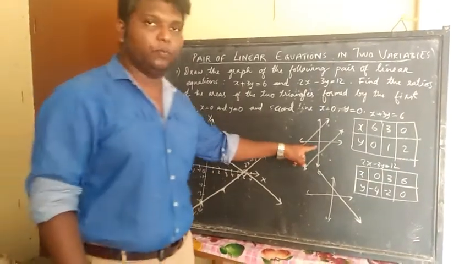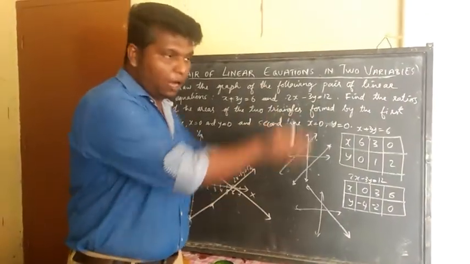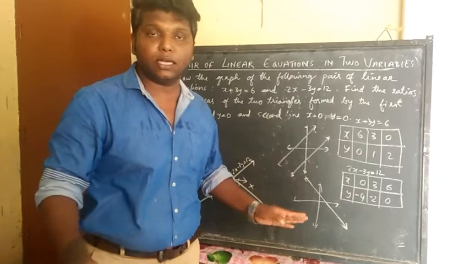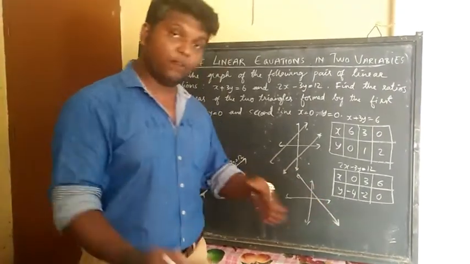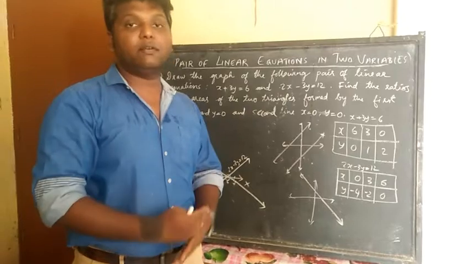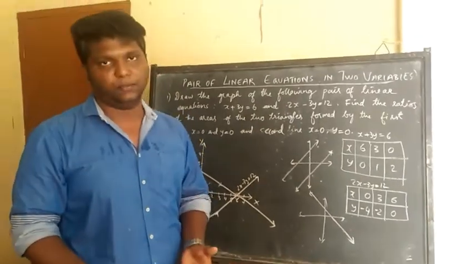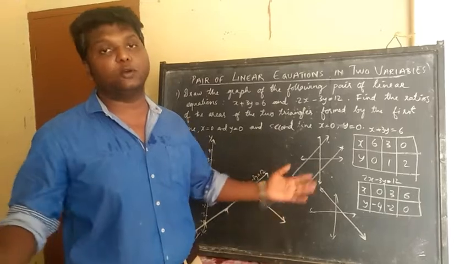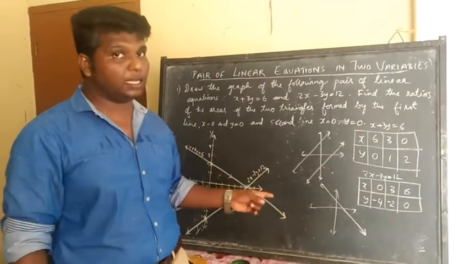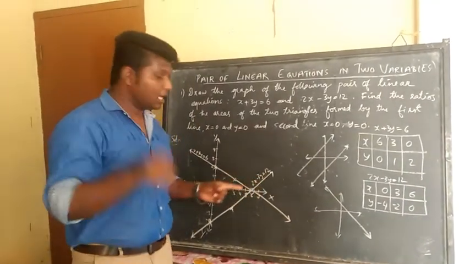There we will say there is a unique solution. Case number two, if the graphs you have drawn are parallel, we will say there is no solution, or that they are inconsistent. Third, if one graph lies above the other graph, then we will say there are infinite solutions, or many solutions. Not even a single solution, plenty of solutions are there. This is how you have to understand from the graphical representation.